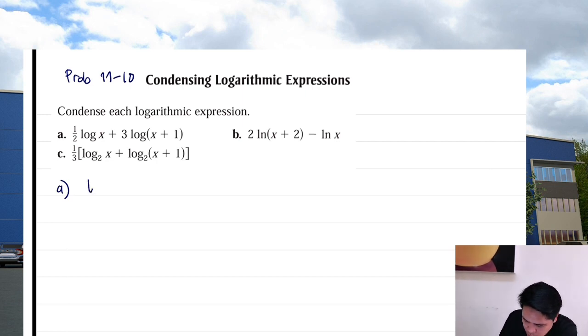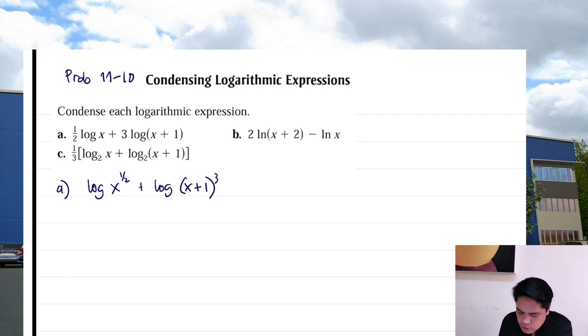So therefore, we have logarithm of x raised to 1/2 plus logarithm of x plus 1 raised to 3. Okay? Since wala na siyang coefficient, pwede na tayong mag-add kasi they have the same base. The base here is 10, the base here is 10 also. So, kung addition siya, meaning we multiply the factors.